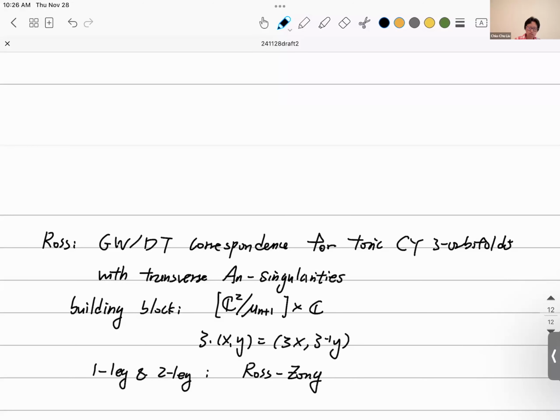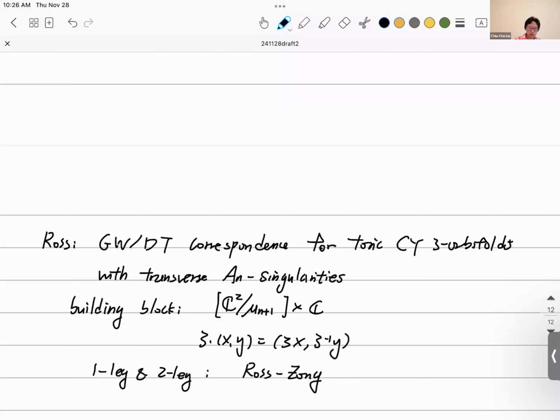So we know that to prove this correspondence in general, it reduces to proving the Gromov-Witten/DT correspondence for the orbifold vertex of this particular type. In the 1-leg and 2-leg cases, this was proved by Dusty Ross and Zhengyu Zong.